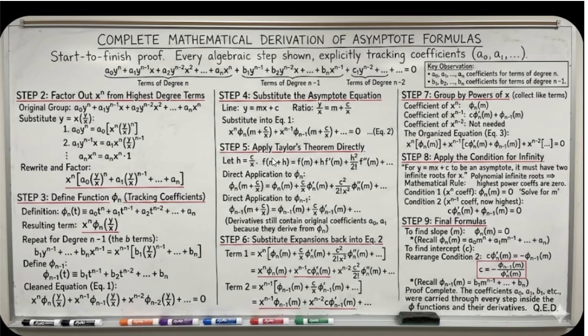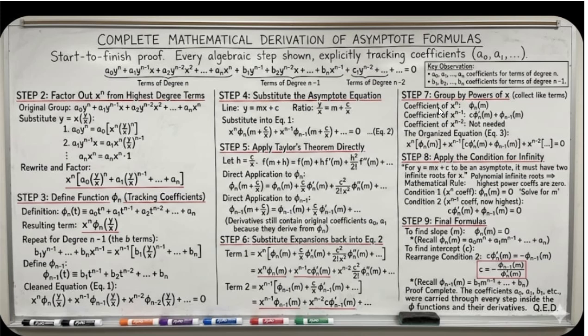Then similarly, this one can be again written by Taylor's expansion like this and substituted back into the equation. You can get x raised to n, in the place of phi n of m plus c by x, we have written this one.